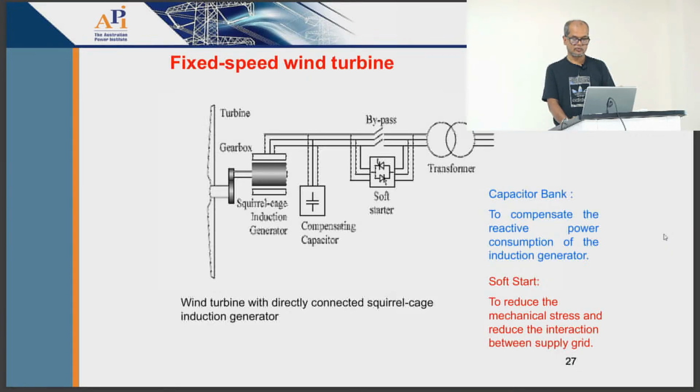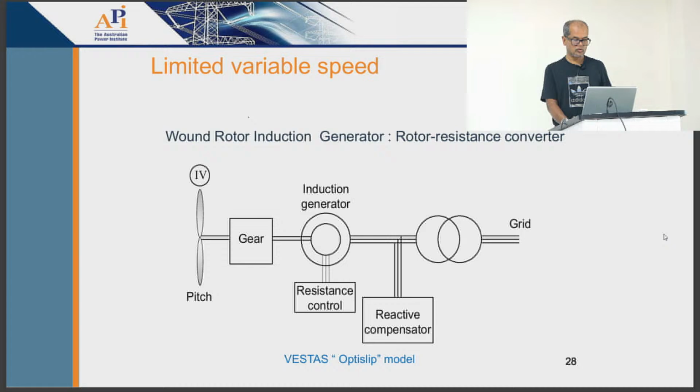Good thing, this is inexpensive. The technology is massive, but the problem is that we need an additional compensating device to control the voltage. So this is the next generation one. It's not like squirrel cage.